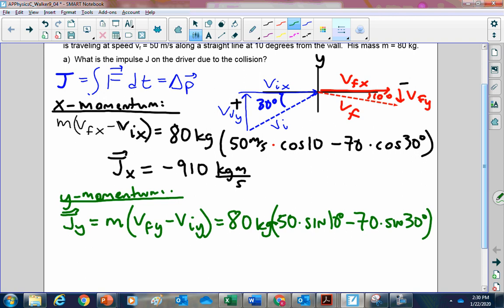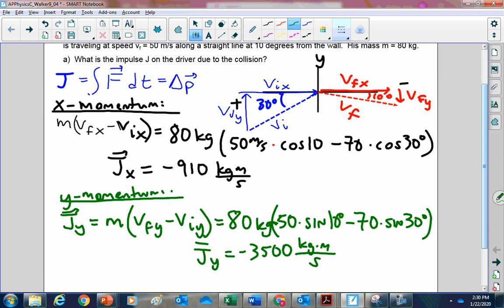So okay, now I get negative 3,500. Okay, and that acknowledges again that the car has now experienced a change of direction.